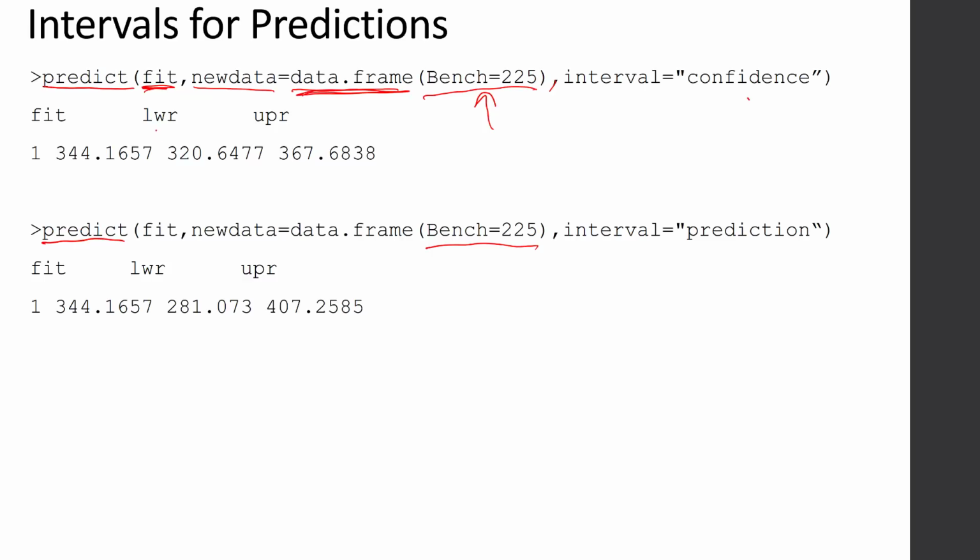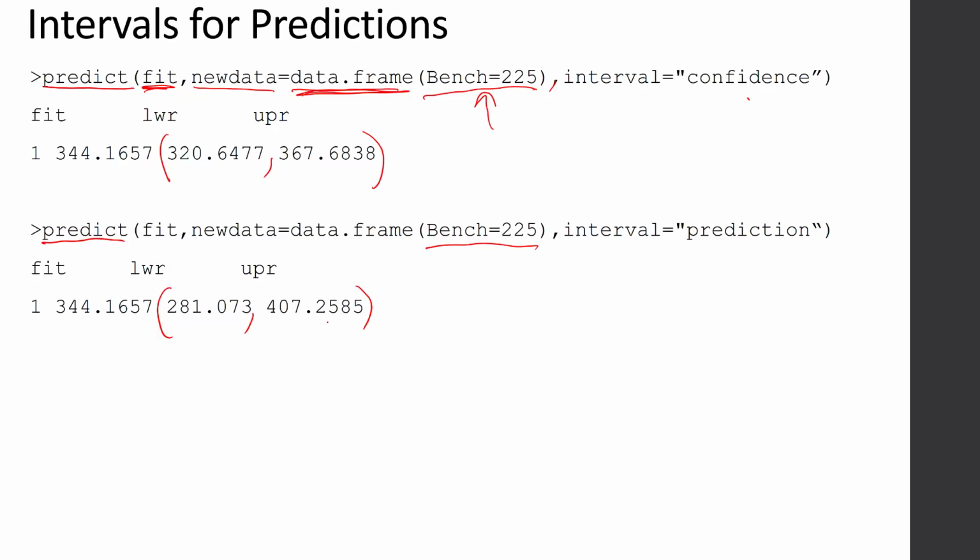But notice that the lower and upper limits for these two different types of intervals are different. Notice that the one that's for the mean Y is narrower. It goes from 320 to 368. And notice that the one for the individual Y is much wider. It goes all the way from 281 to 407.